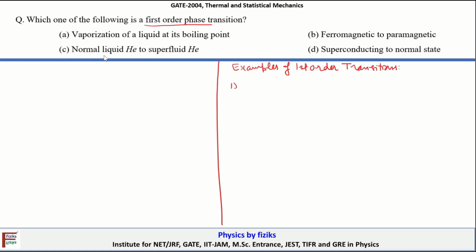Okay, the first one is related to the ice water system, solid to liquid, and then liquid to vapor, and the third one is solid to gas.